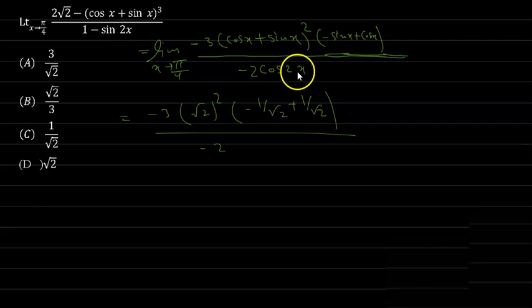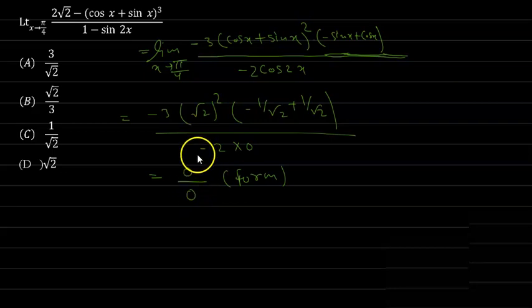The value of cos pi by 2 is 0. So the whole numerator will be 0, so it is in the form of 0 by 0. That is, again it is showing indeterminate form.